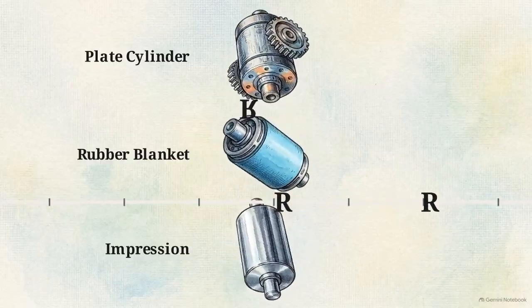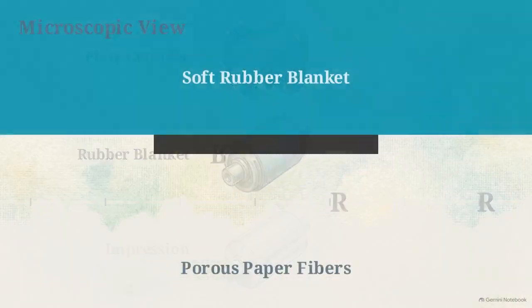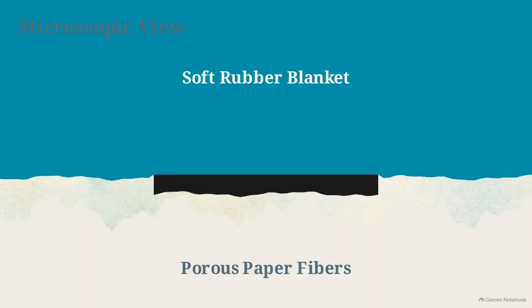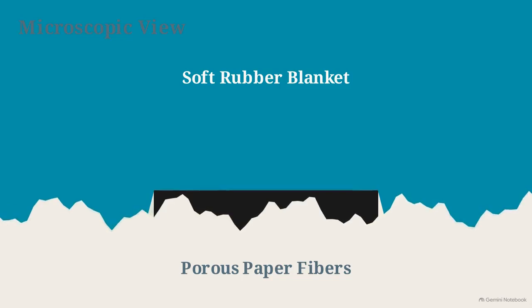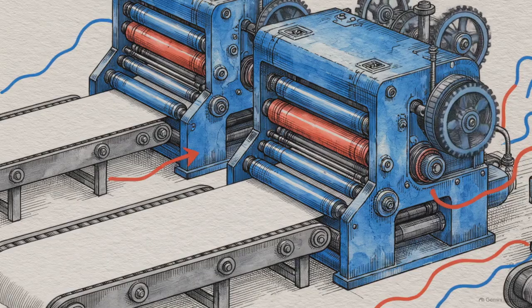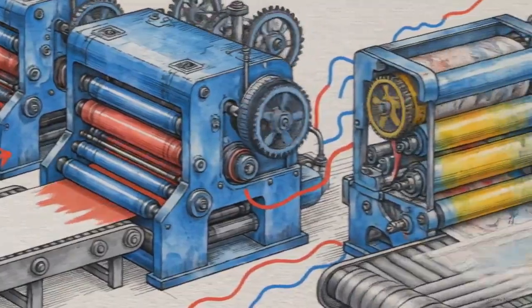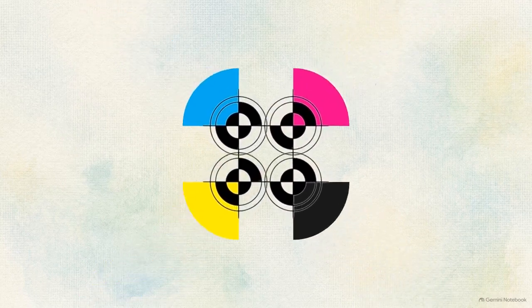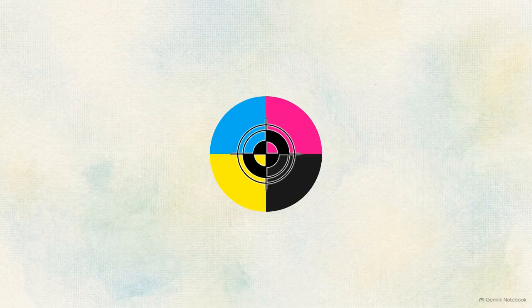This intermediate rubber blanket is necessary. It protects the fragile, expensive metal plate from abrasive wear, and its soft surface pushes the ink efficiently into the porous fibers of the paper. A full color map requires the paper to travel through 4 of these units in sequence at high speed. This creates the challenge of registration, the strict mechanical requirement that the cyan, magenta, yellow, and black layers perfectly align.